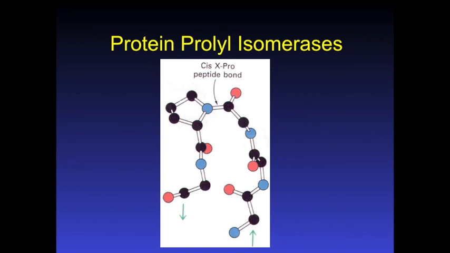So this protein goes to the other proteins that are trying to fold, and it will bind to prolines, and it will allow rotation to occur. Now, why in the world is the bond at that arrow not rotatable? That's a single bond, isn't it?